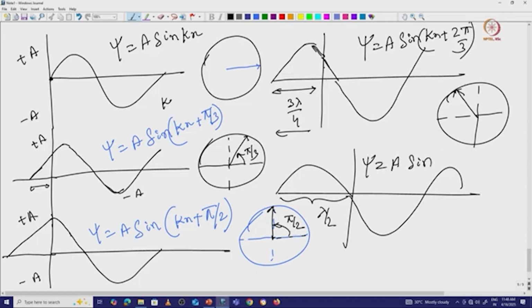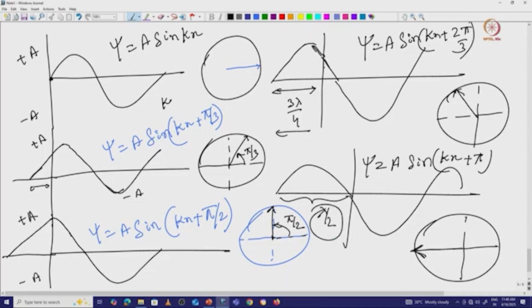There will be a difference, that will be kx plus pi. Okay. So, here it is 2 pi by 3, here it is completely pi. If we draw this diagram, the position of this wave will be completely opposite.